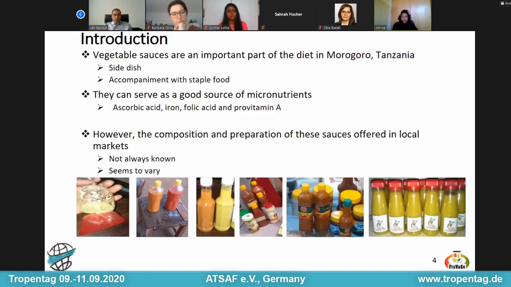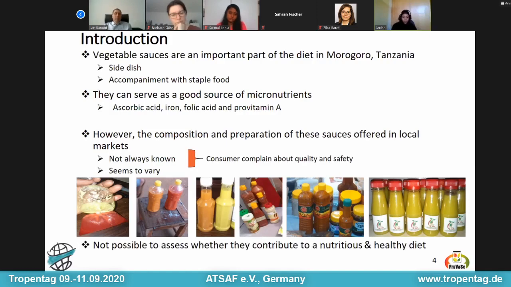As you can see here in the picture, we have different products from tomato and carrots, packed in different packaging. So it depends on what is convenient for the processor. Therefore, consumers complain about the quality and safety of this produce, and it is not always possible to assess whether they contribute to a nutritious and healthy diet.